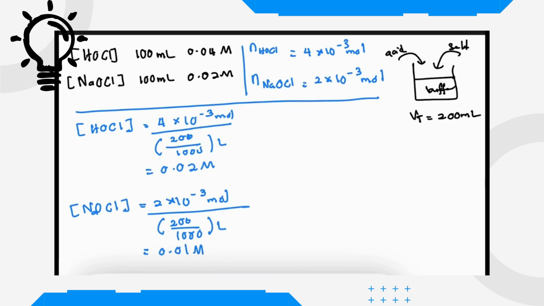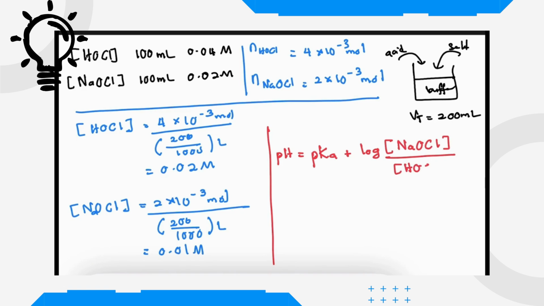Okay, so we have all the information, but now how to calculate the pH of the buffer? The pH of the buffer solution is pKa plus log salt over acid. The Ka is already determined in the previous part.